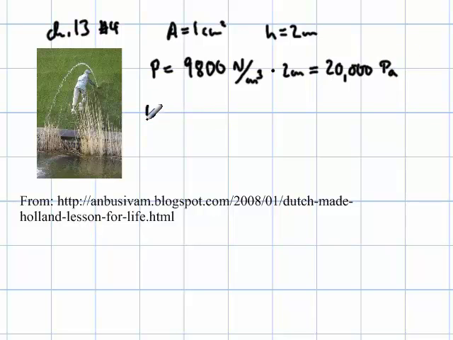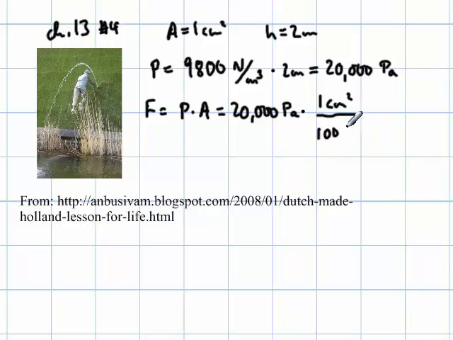Now the force equals pressure times area, because pressure equals force divided by area. So we have 20,000 pascals, but that's in base units. So therefore the area also has to be in base units, and 1 square centimeter converted to meters means that we would have to divide by 100 centimeters per meter, and because it's square centimeters we have to do that twice.